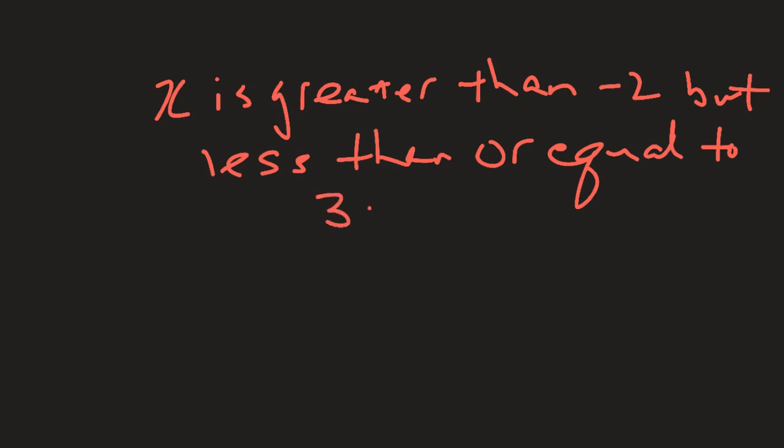The first thing we can do is represent that. So first write x. X is greater than -2. I wrote my lower bound first. Next I look at my upper bound, the larger number, and it's less than or equal to 3. So there's my upper limit.